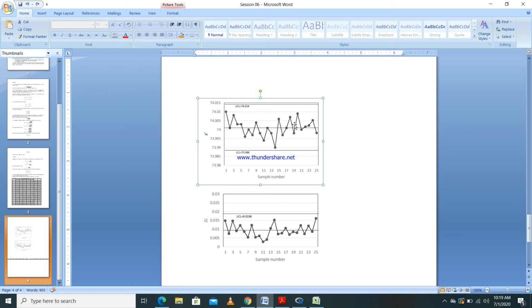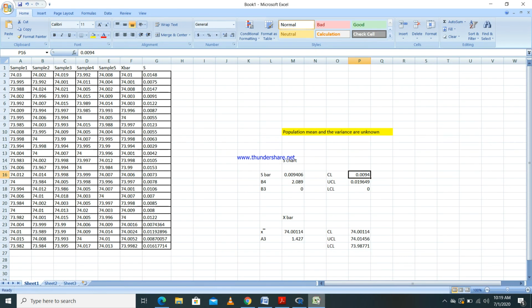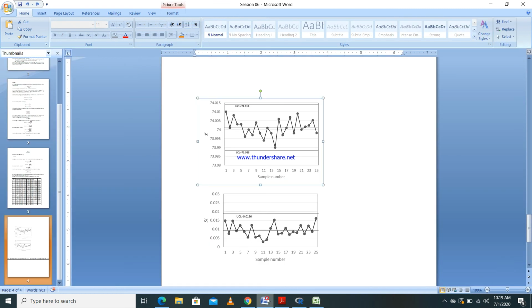When you go to the X bar chart, we got the upper control limit as 74.014, lower control limit 73.988, and the center line is 74.001. So you can plot these three values, and here you can plot each sample mean X bar value.